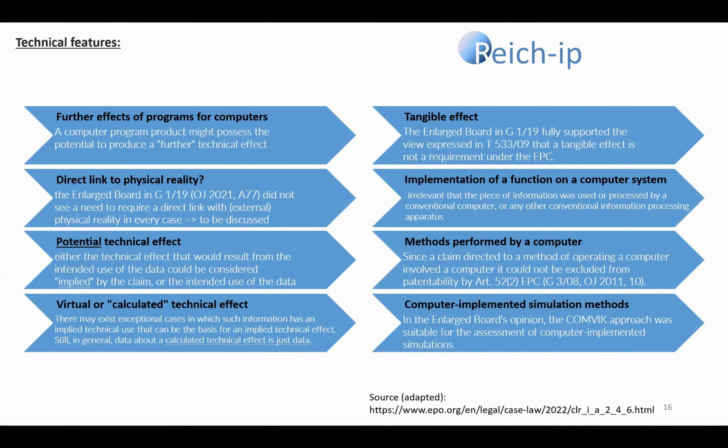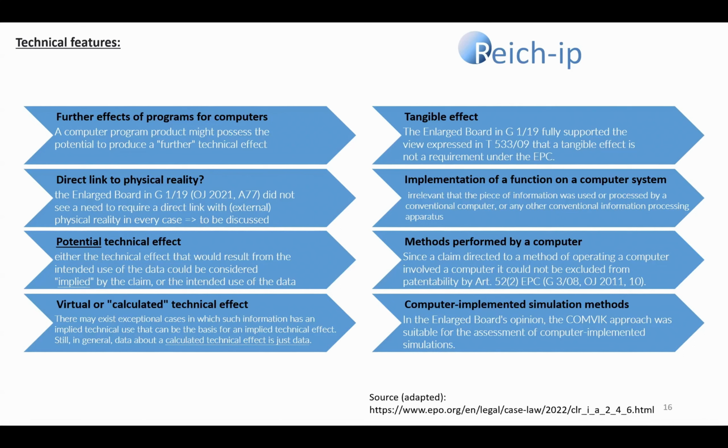But depending on the case, it might be enough that there is no direct link to physical reality, meaning, for instance, simulation software. So you can even get a grant if there is no direct link to the real world.